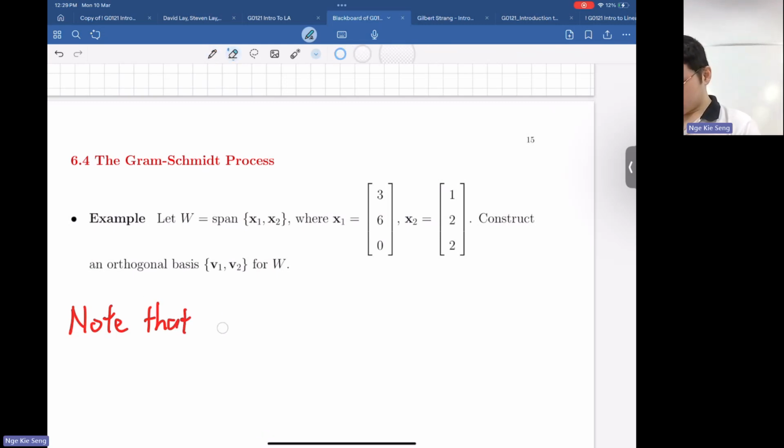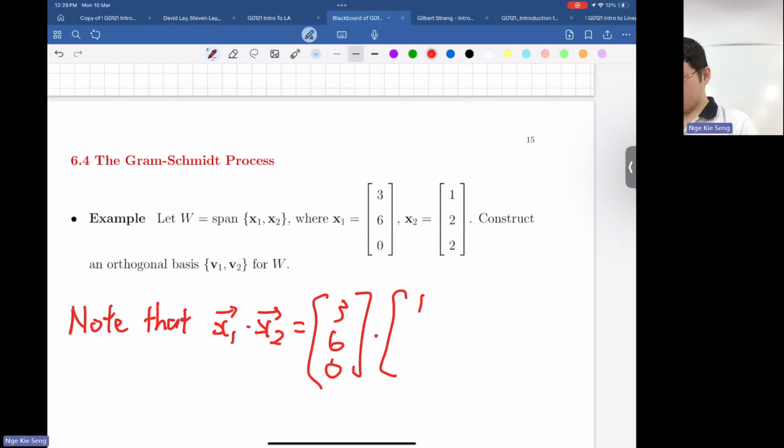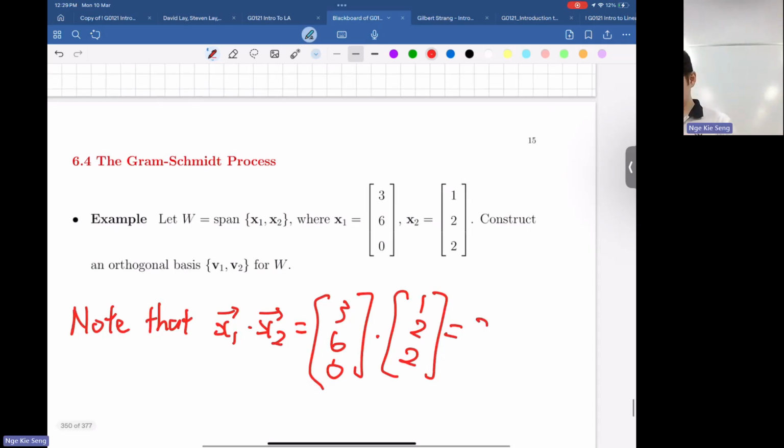So x1 dot x2 is what? What do you get? 3 plus 12, which is 15, which is not 0. So they are not orthogonal to each other.